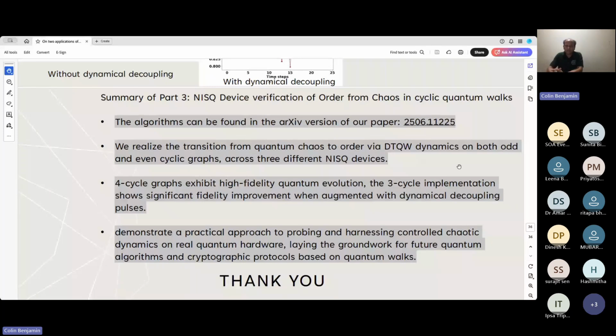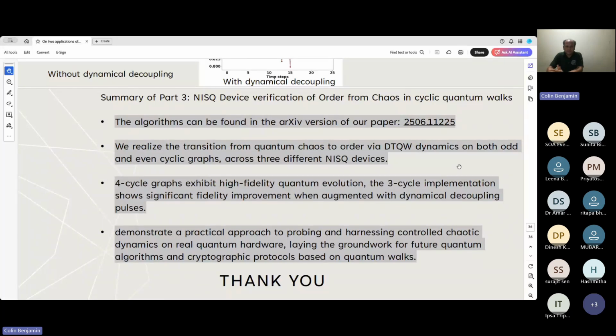If you go to the appendix of our paper, you will find results for both IBM Kyiv and IBM Brisbane too. And we see 4-cycle graphs exhibit very high fidelity, almost 99%. For the 3-cycle implementation, the fidelity does improve when we augment it with dynamical decoupling pulses.